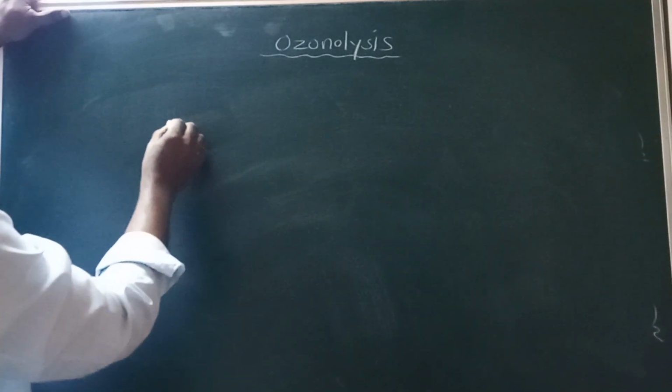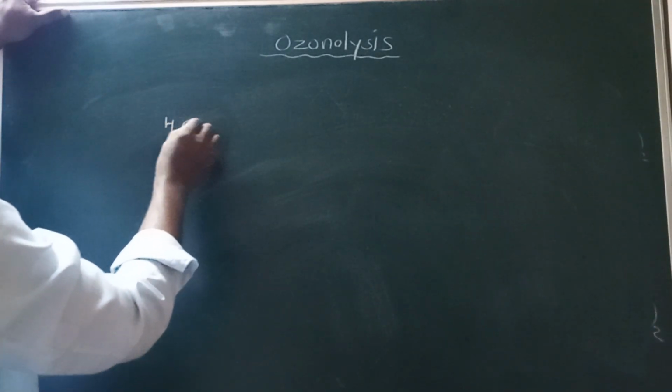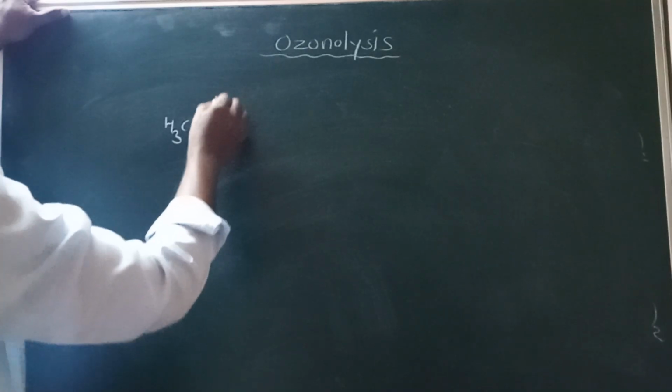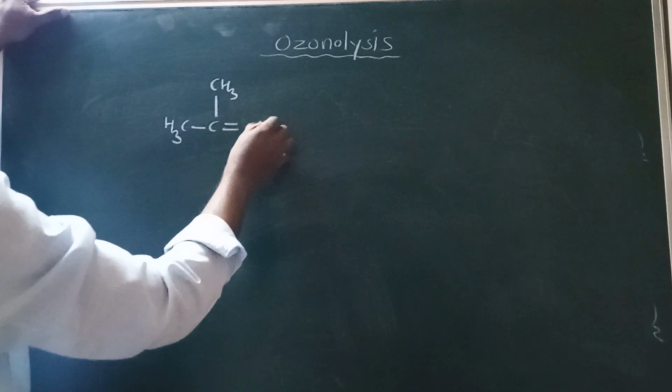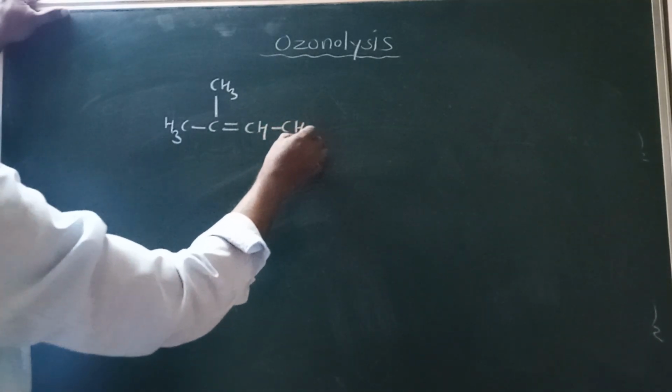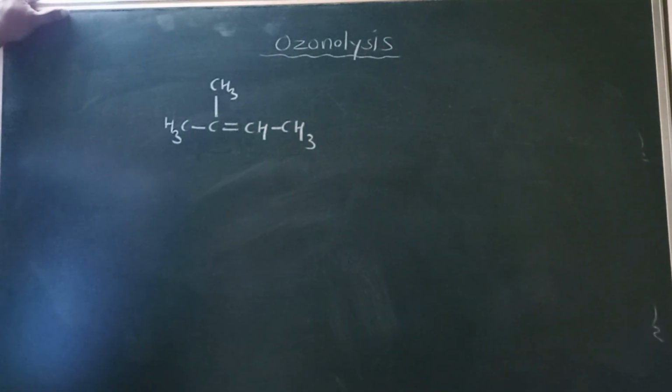Now suppose I start with CH3, then C, then CH3, double bond, CH, then CH3. First of all, guess the symmetry of this alkene.